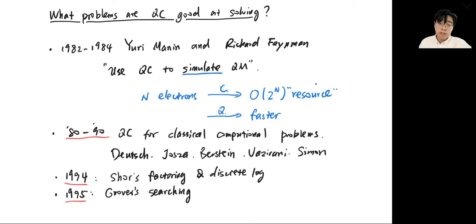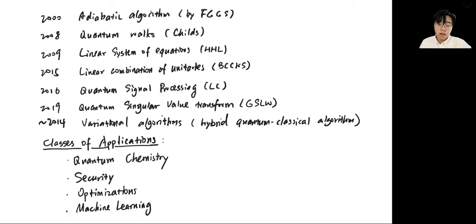So the discovery of these algorithms really made people start thinking about what kind of daily computational problems quantum computers are good at solving. Later on, these algorithms are generalized to solve many other tasks.